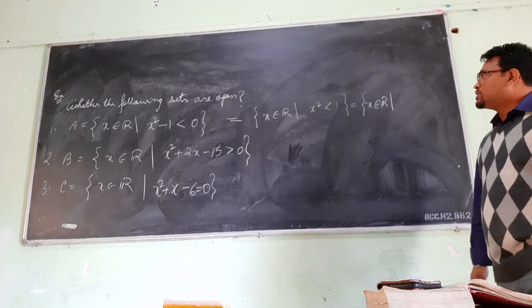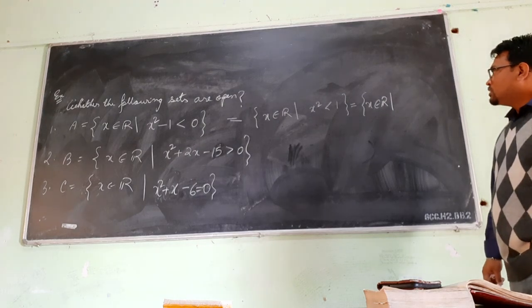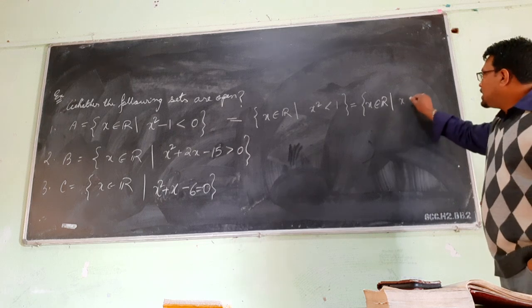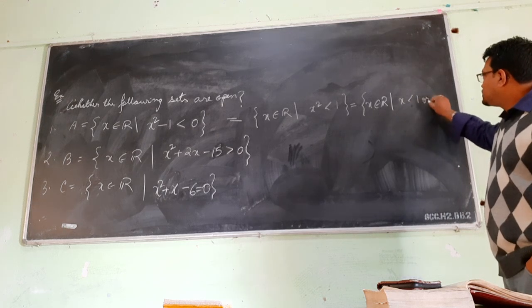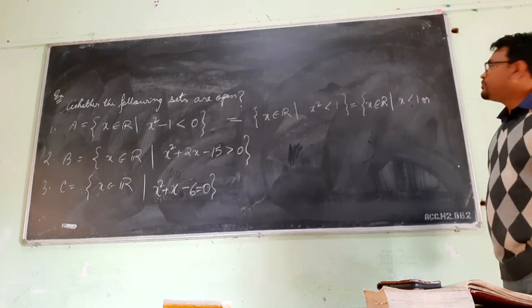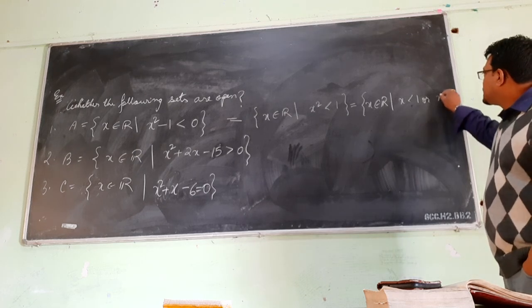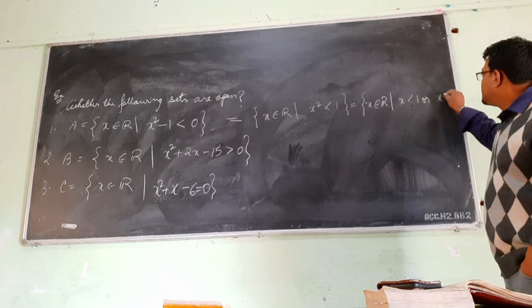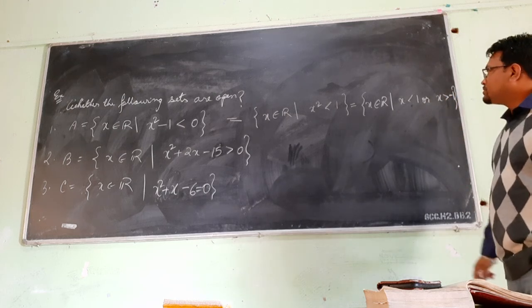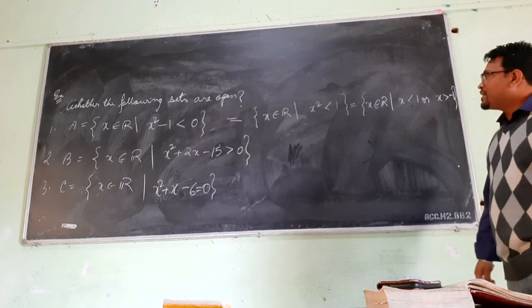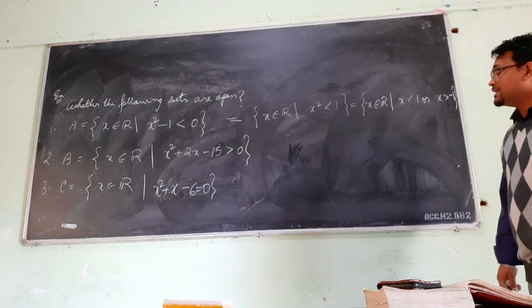Plus minus 1 or what? Square of x is less than 1. So x is less than 1 or x is greater than minus 1. Is it or? Just see nicely. I want x squared less than 1.